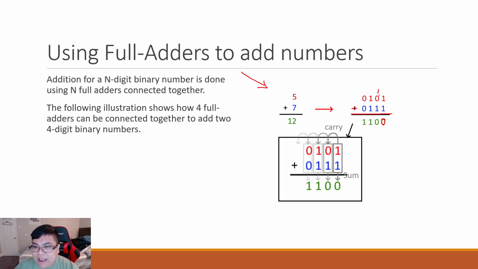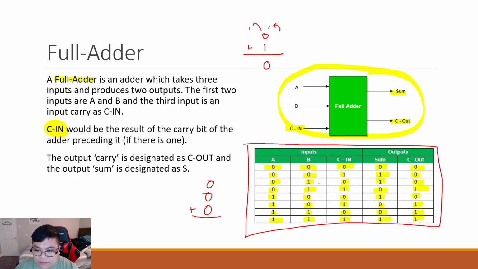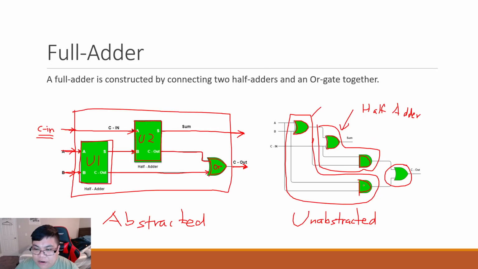So now we have a carry of 1, an A of 0, and a B of 1. Let's remind ourselves what that is. This would result in a sum of 0 and a carry of 1, right?